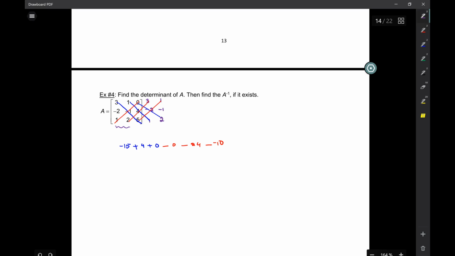Okay? And then you add these all up, and you get -25. So the way you write it is, determinant of A is -25.